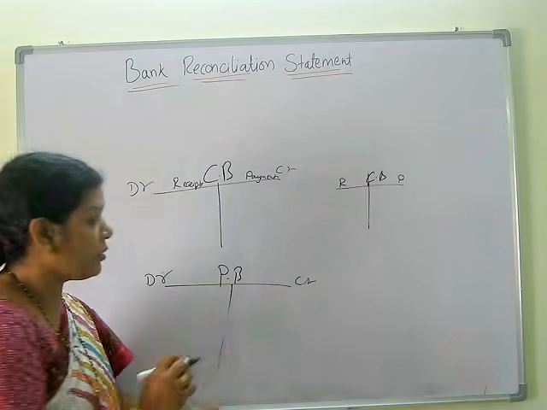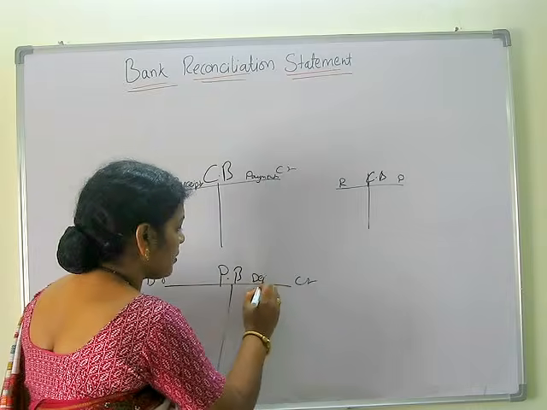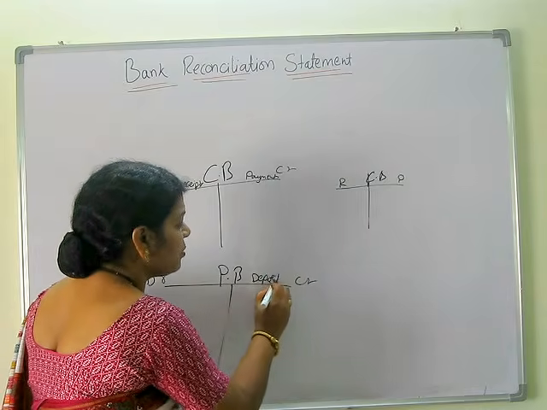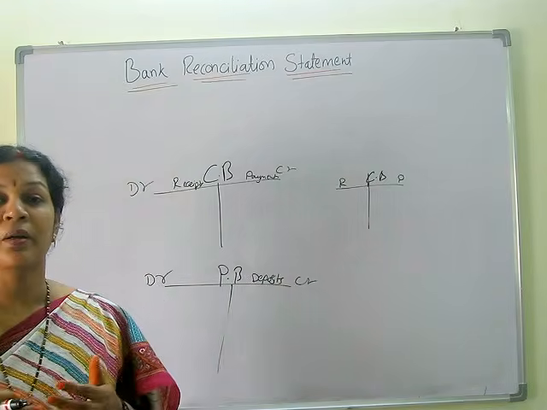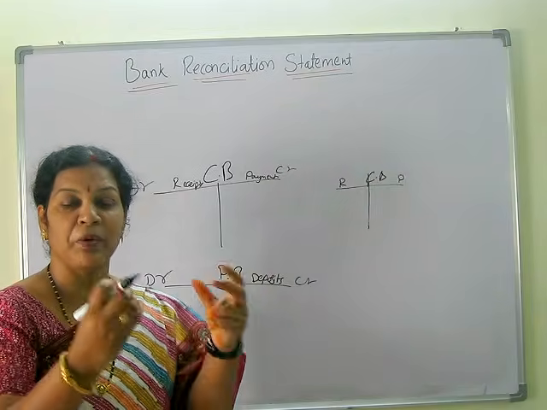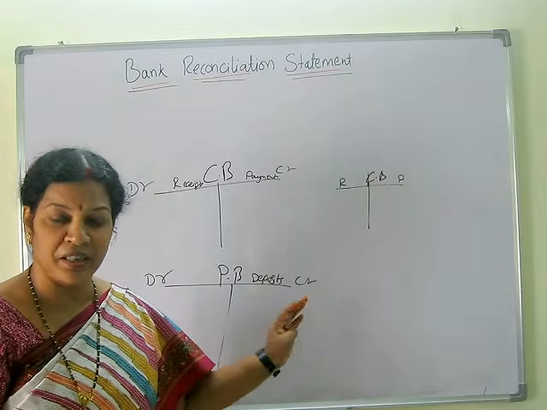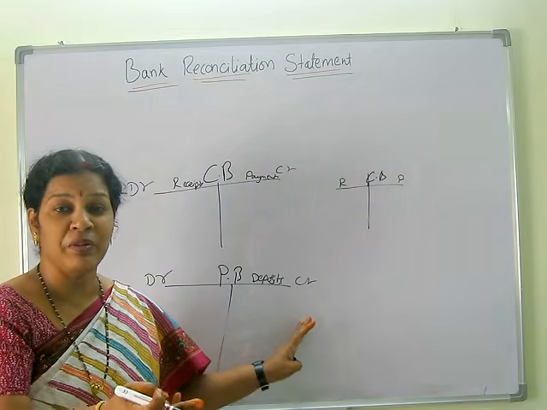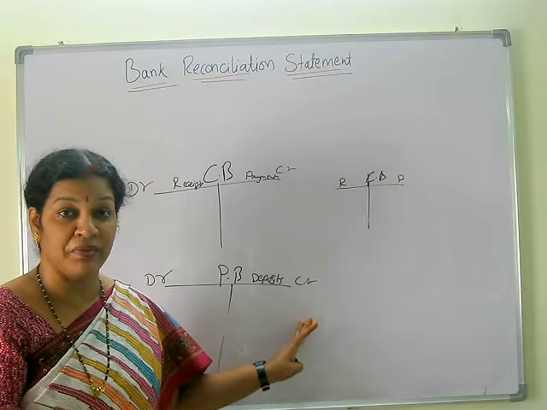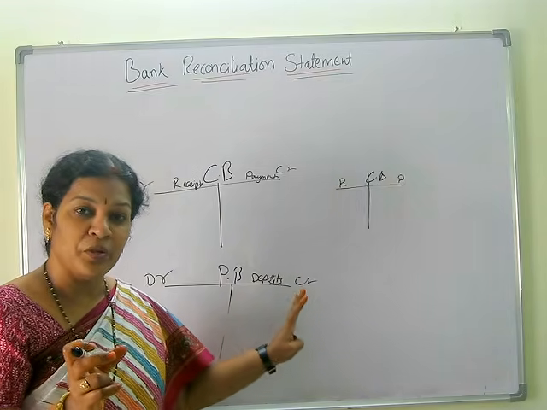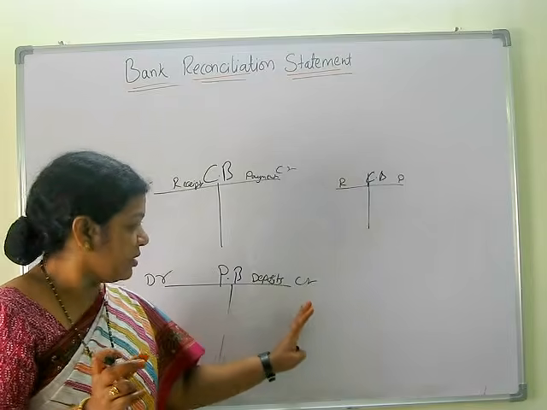The credit side will always be deposits. Whenever passbook value or bank value is increasing, we are depositing something, something is credited. The word credited we use whenever something is deposited into the bank. So deposits will be on the credit side.